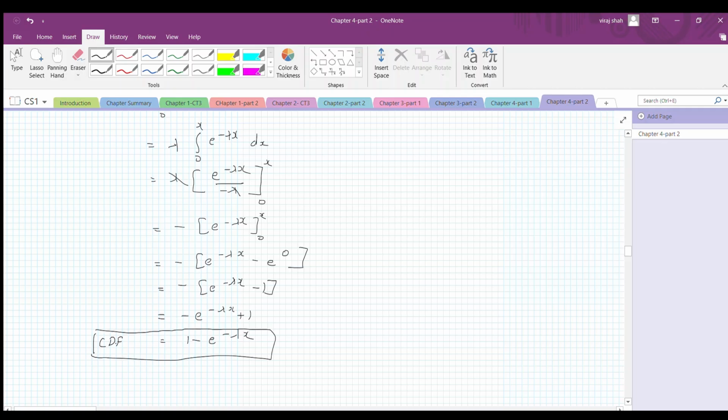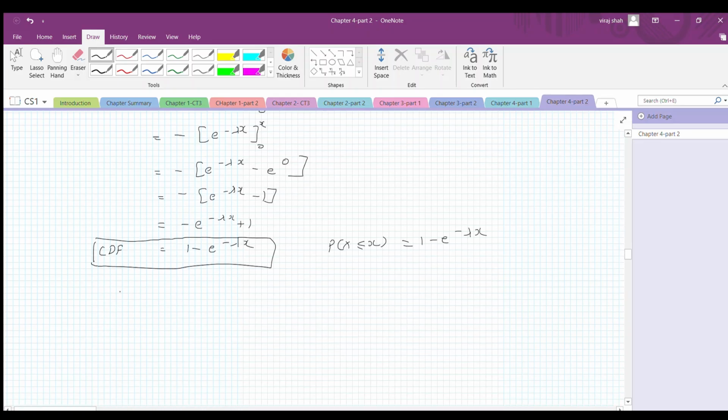So what does my CDF denote? Probability of X less than or equal to x is nothing but 1 minus e raised to minus lambda x, right? As I know that probability of X less than or equal to x is equal to 1 minus probability of X greater than x, right?